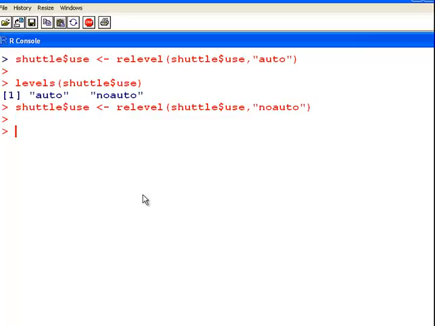So what I'm going to do here is the general command is glm, and the family is binomial. That's a logistic regression model, binomial logistic regression. The outcome variable here is use, and it's properly configured such that no auto is the negative result, so it comes first.